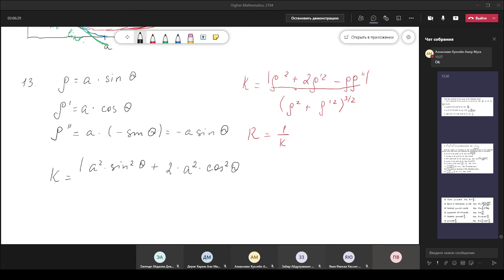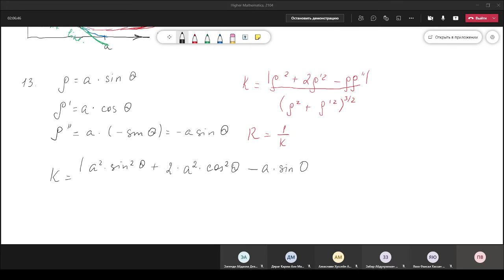It is 2 rho prime squared minus rho times rho double prime. Rho is a times sine of theta, times rho double prime, minus a times sine of theta.